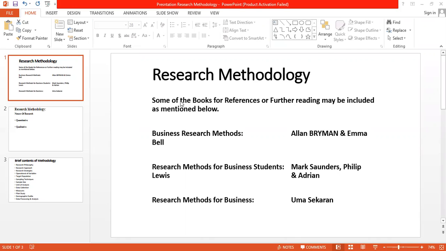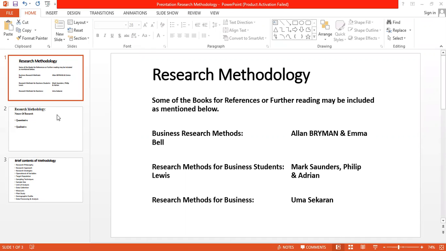Here are some books listed for further reference. One of them is the very famous book of Bryman, Business Research Methods, and the other one is Research Methods for Business Students. The third one is Research Methods for Business from Uma Sekaran.